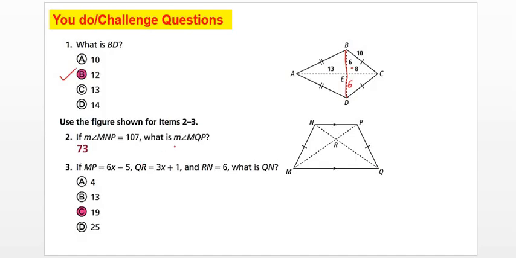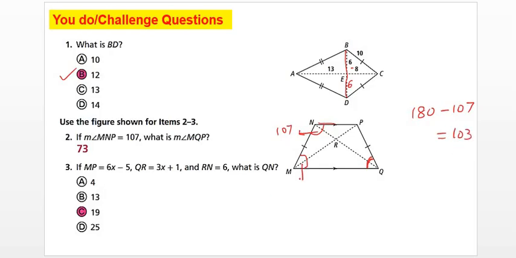And here they said what is the measure of angle MQP. Where is MQP? They want you to find this angle, and they said angle MNP, this angle, is 107. So if this angle is 107, first let's find this angle, because here you have a C shape, so it will be 180 minus 107, so it will give you 103.